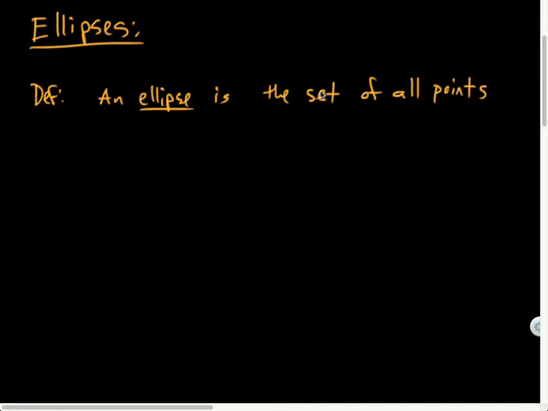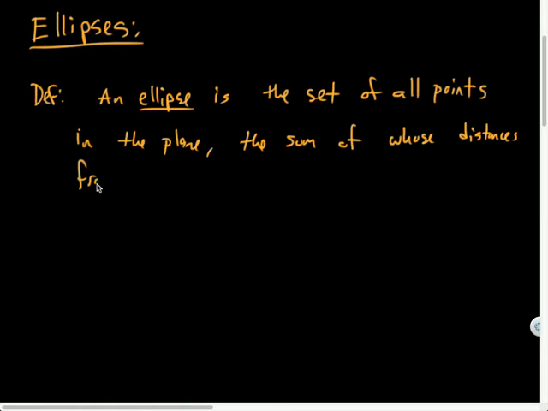I could call it the locus of all points in the plane, the sum of whose distances from two fixed points called foci.